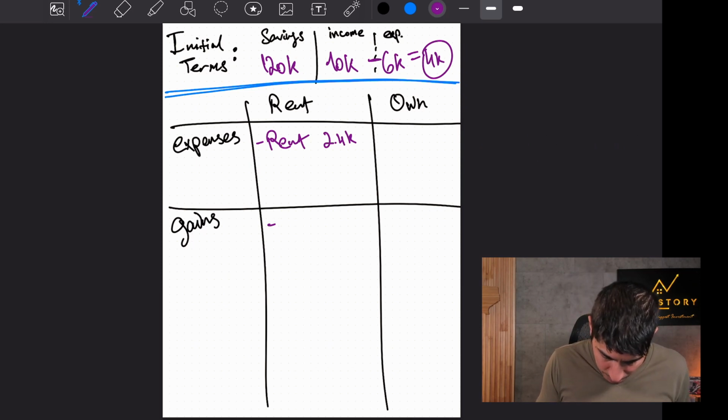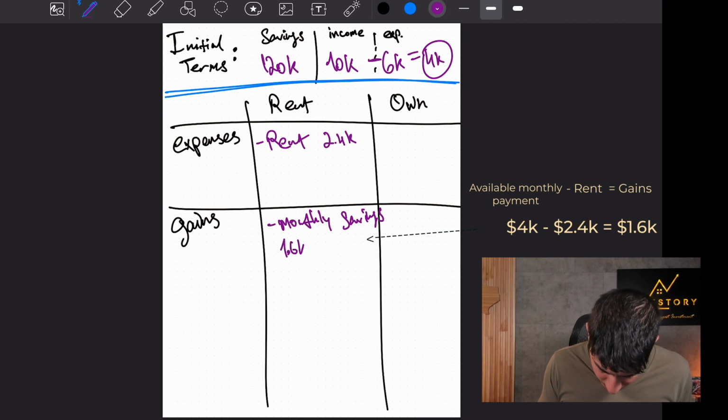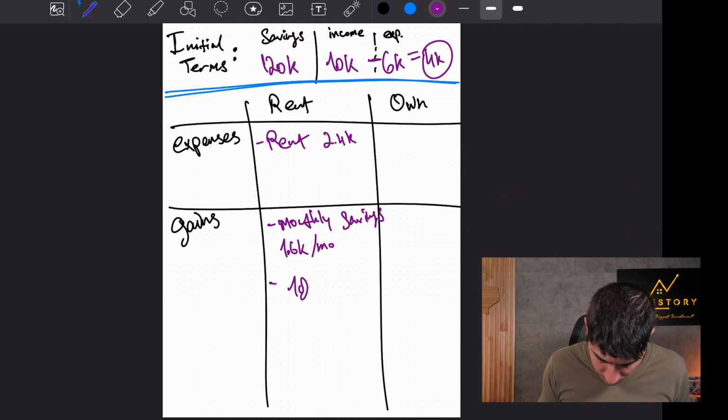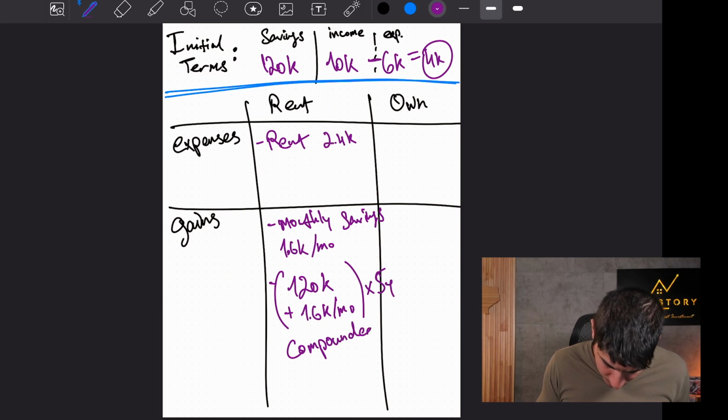So we have monthly savings or maybe investments of 1.6K, monthly, which means that if we put $120,000 plus 1.6K per month over the course of, I don't know, several years, let's say 5 years for this example, and we add the compounded interest, this entire thing is our gains.